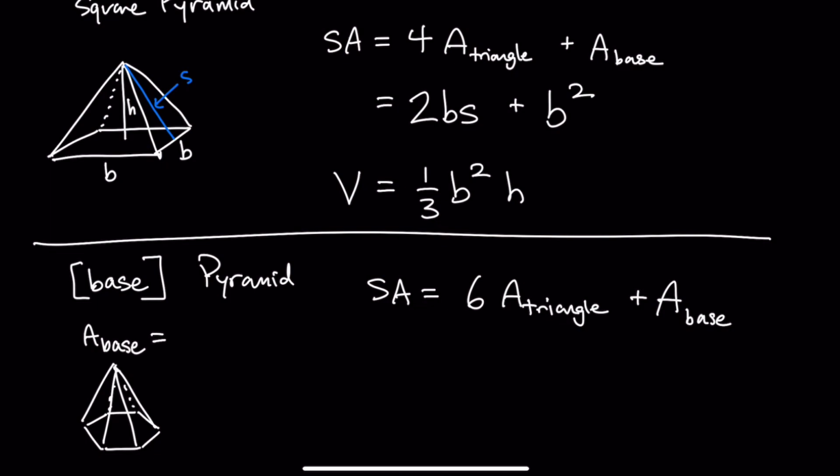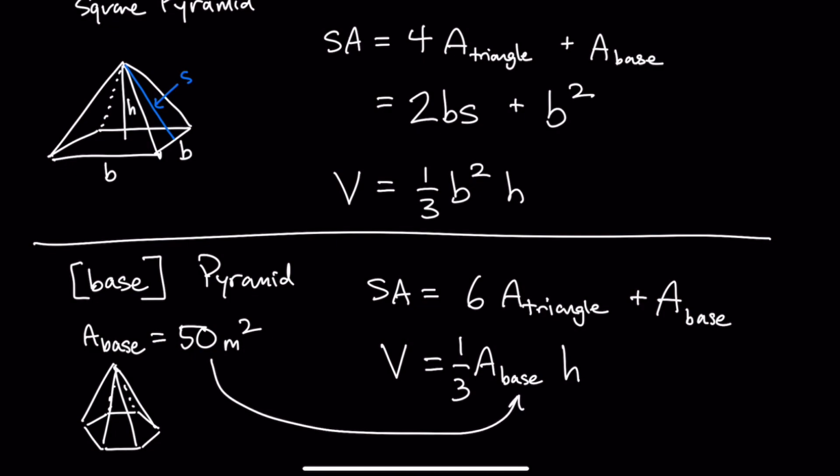Let's say it's something like 50 square meters. Then we would know that the volume is equal to the area of the base times the height times 1/3. So we would plug in 50 meters squared right here.